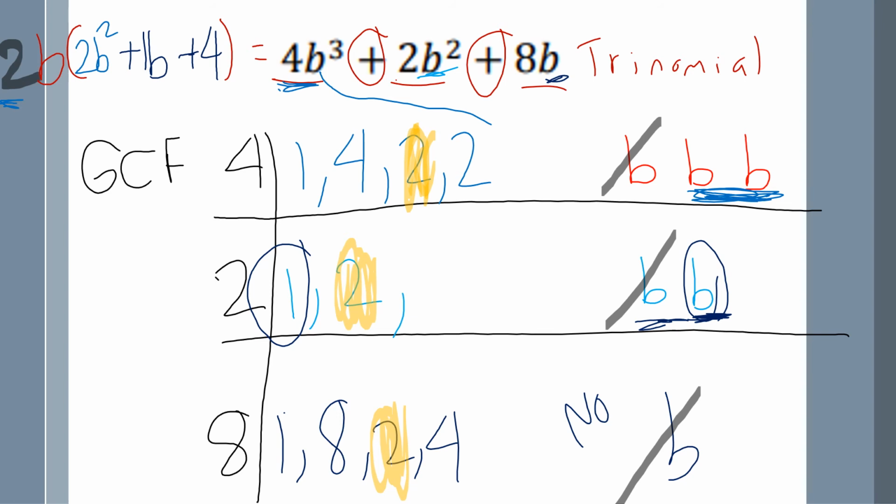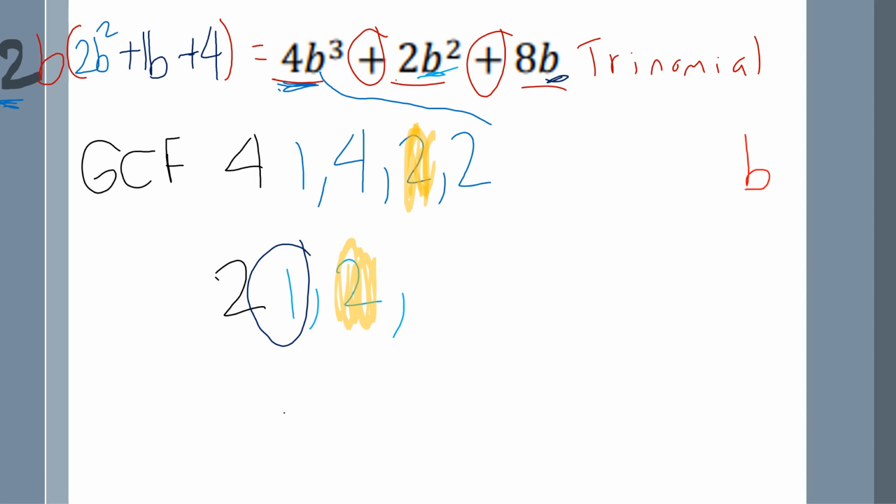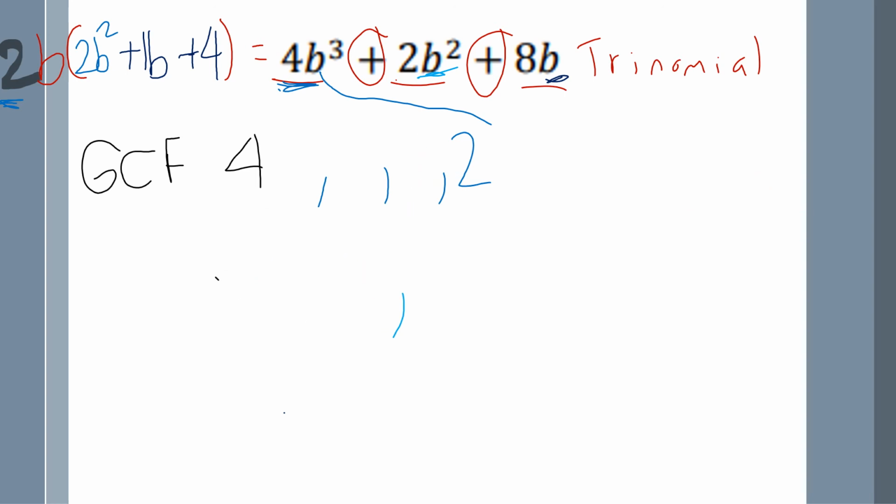So let me erase all this for you. Again, the beauty of a video is you can always pause and replay things. All right, so let me rewrite this final answer.